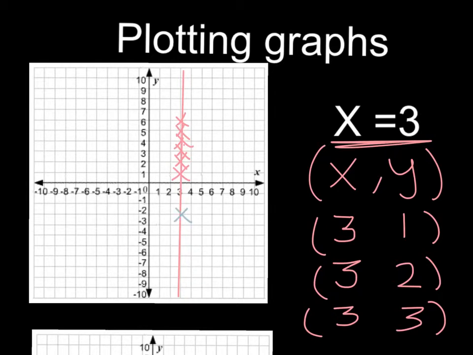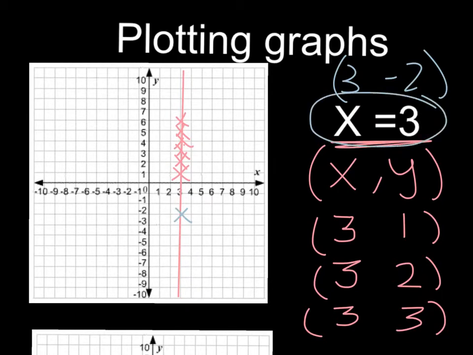So if I pick that one off, you can see that it's 3 across and then minus 2. So all of those positions are called x equals 3. So the whole of that line, if it was constructed accurately, would be x equals 3, because every x coordinate has a 3 value.